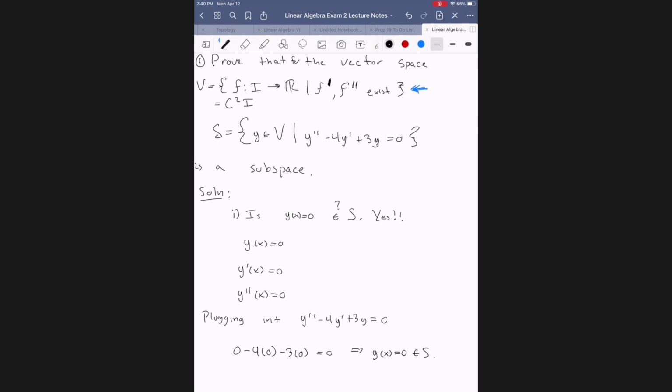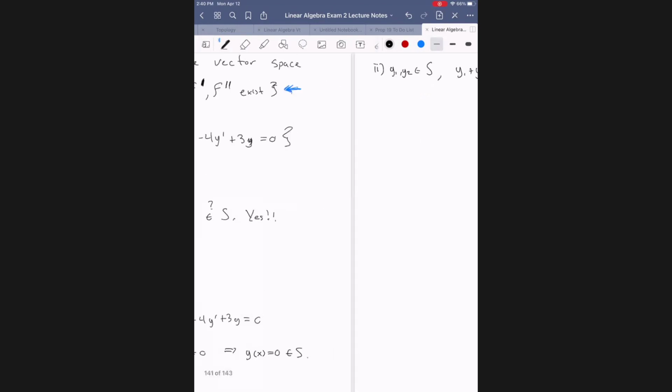Well, no, right? If you try to solve this differential equation, you'll see exactly which ones are in there, but that's not the question. What does it mean to be a member of this set S? If you wanted to be here, what do you need to satisfy? You need to satisfy the differential equation. Yeah, exactly.